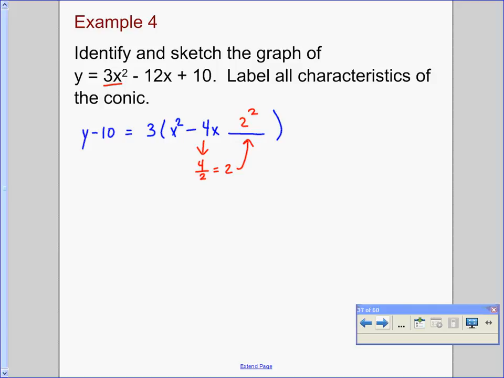So essentially, that's positive, that's 4, and it's being multiplied by 3, so I'm really adding 12 to that side, so I have to add 12 to this side here as well. Now I have y plus 2 is equal to 3 times (x minus 2) squared. Remember, the sign comes from here, minus, this goes here, 2 squared.